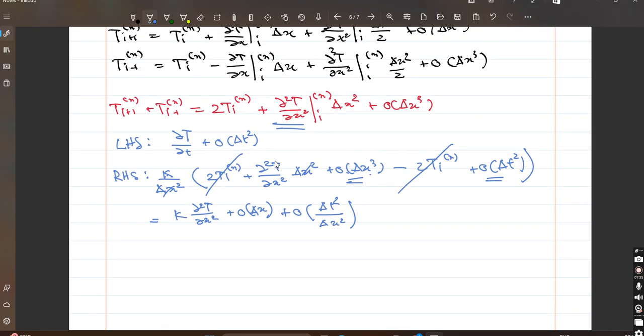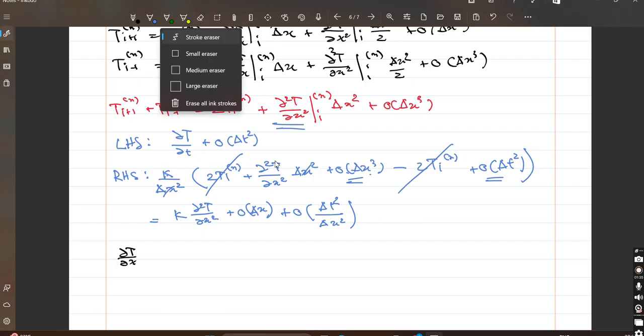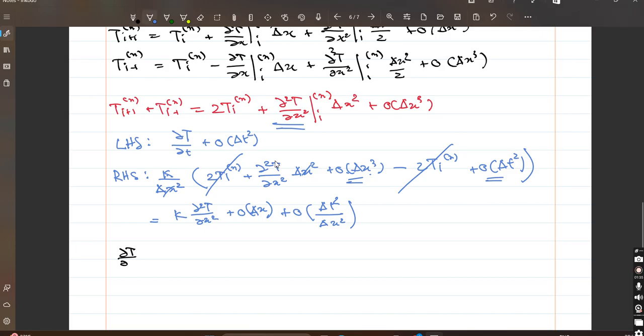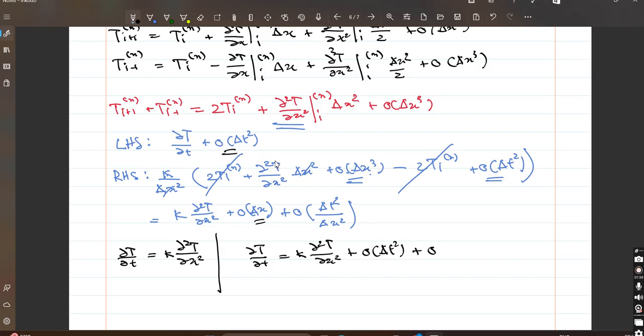Okay, so if you look at the final equation now, our PDE looks like this: the partial derivative of T with respect to small t equals k times the second partial derivative of T with respect to x squared. This was the PDE. And what will our approximation look like? The approximation will look like this: the partial derivative of capital T with respect to small t equal to k times the second partial derivative of T with respect to x squared plus this order of delta t square, plus order of delta x, plus this one order of delta t square and delta x square.